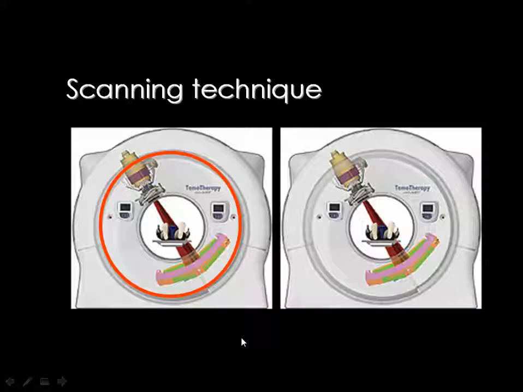Then in older machines, the X-ray tube has to rotate half a cycle, then go back to the original side, then rotate in the opposite direction and go back to the original side. And this means that in order to obtain one section in the human body, the tube and the detector should rotate 4 times. And at that time, the CT examination of the chest was done in about 1 hour, 60 minutes.